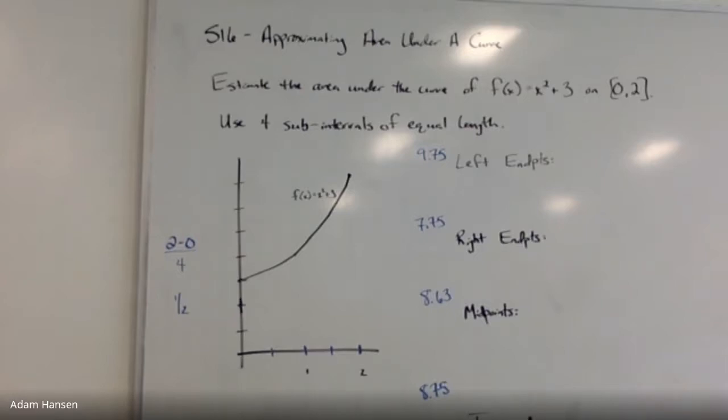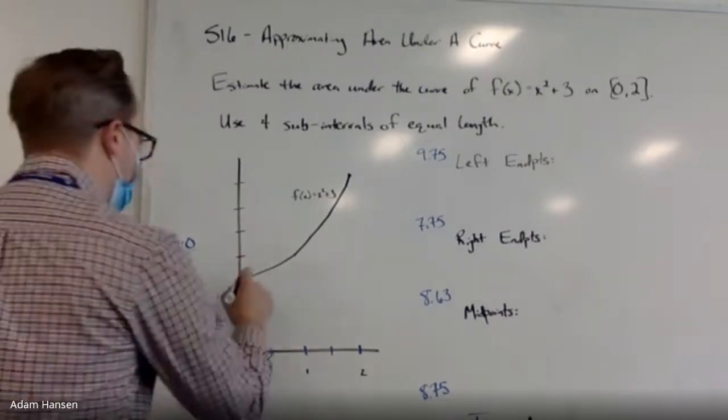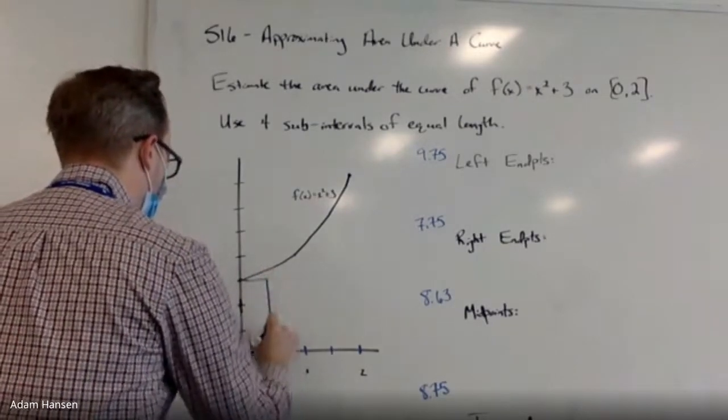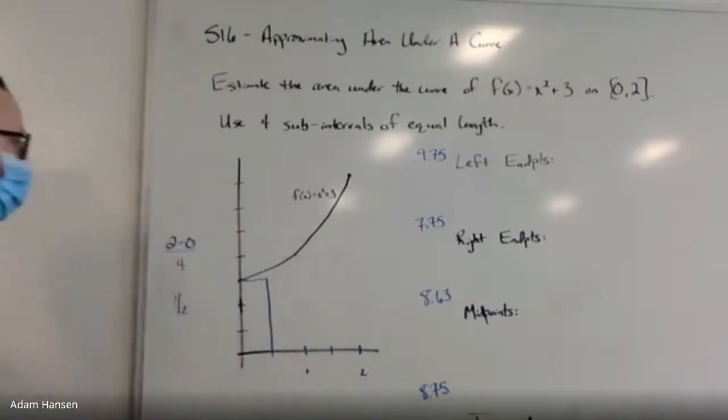The first rectangle, since it's going to be a left endpoint, intersects the curve on the left-handed side at x equals 0. When you first start doing this, I highly recommend drawing a picture similar to what we're doing here. We're going to stack the next rectangle where the last one left off.